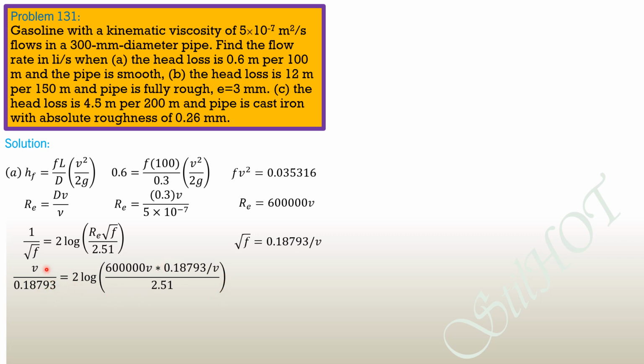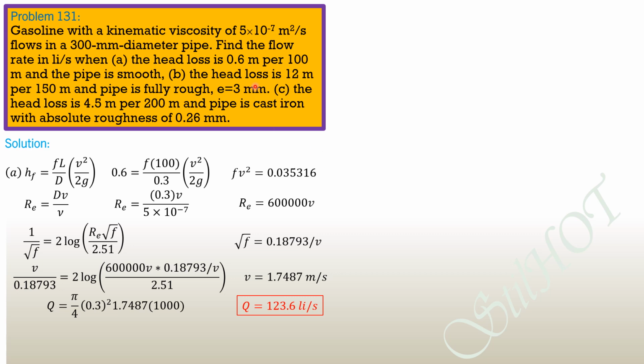So we can now compute the mean velocity of flow, which is 1.7487 meters per second. So the flow rate in liters per second can now be computed: pi over 4 times 0.3 squared times 1.7487 times 1000. So the flow rate, or the discharge, is 123.6 liters per second.